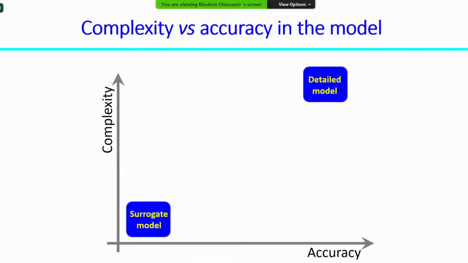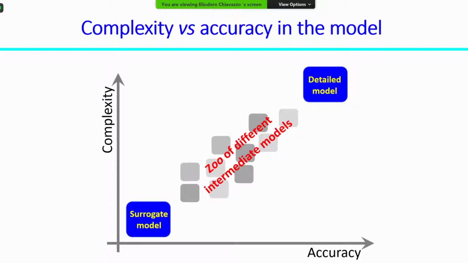So moving along this line, having defined these two opposite ways of setting up models, if you map these in a chart comparing complexity versus accuracy, the two extremes are placed in this way, but you will find in the literature a whole zoo of different intermediate models. All models know that it's easy to move along the diagonal in this plot, because it's easy to take a detailed model and take out some complexity at the cost of accuracy.